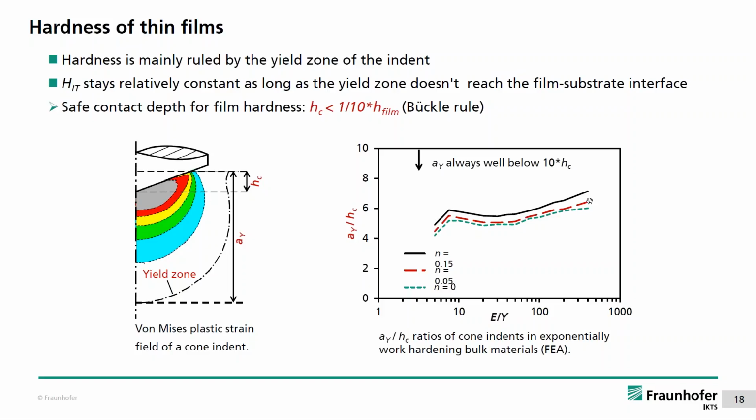And no matter what material you use, this ratio is well below 10. So it doesn't matter which material you have, the yield zone is always a maximum of 6-7 times the contact depth. So this 10% rule indeed is valid and a safe rule for hardness.